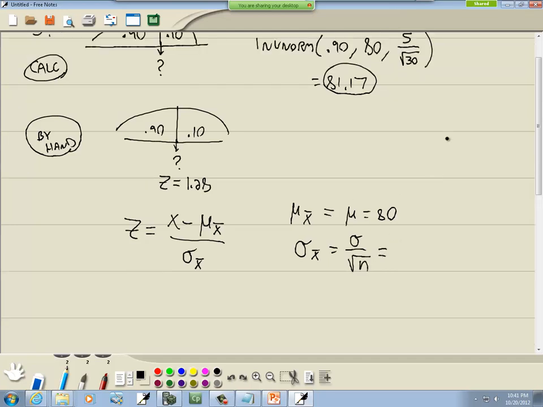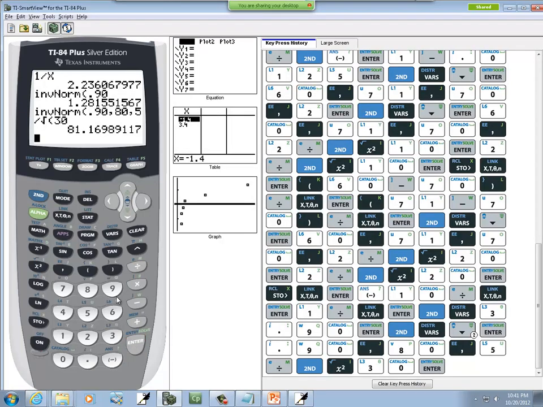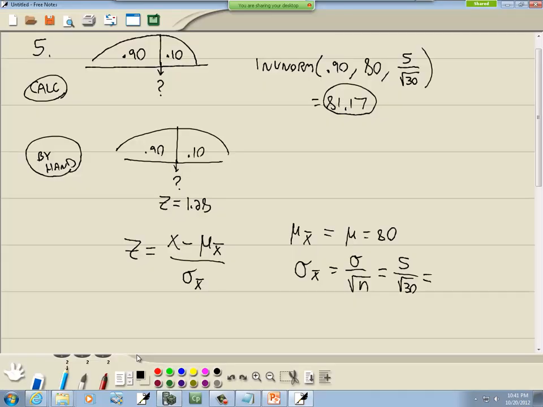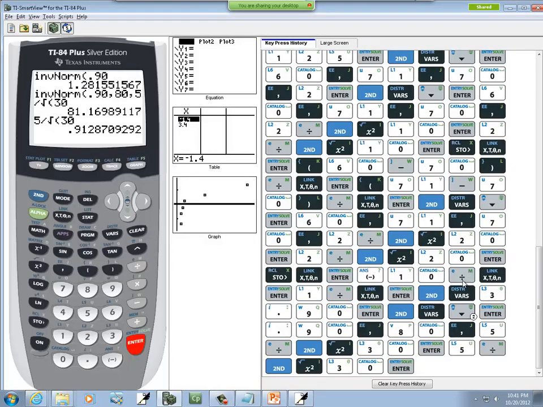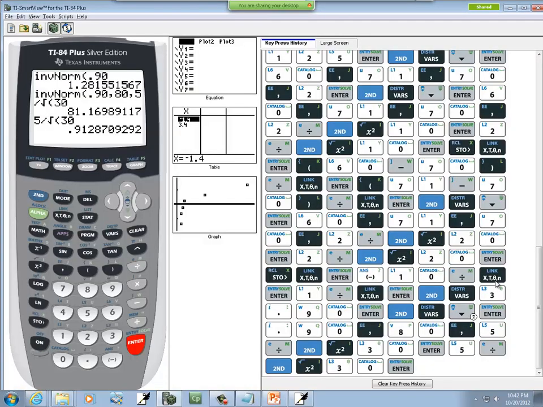We said that was 5 divided by the square root of 30. Let's see what that gives us. Five divided by second x squared, 30, enter, and a bunch of decimal places. 0.9128709292.